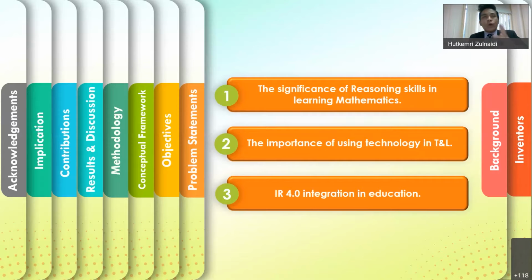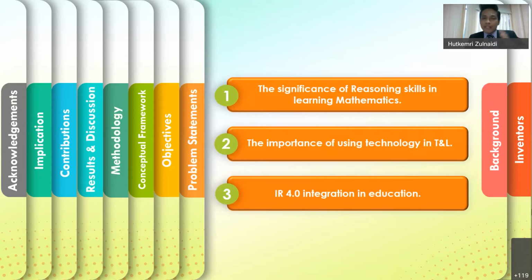And also we know that technology is growing. Every year we have new technology, which we can use for our education, especially in the process of teaching and learning. And also now IR 4.0. Maybe I think all of us already know about that. What is IR 4.0? Education is the key for that.